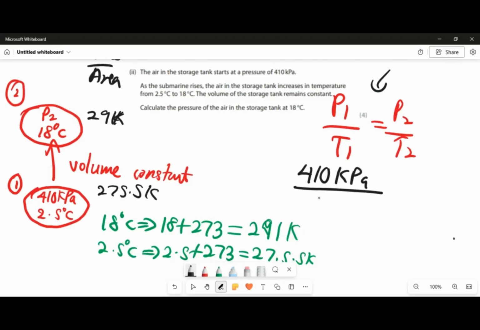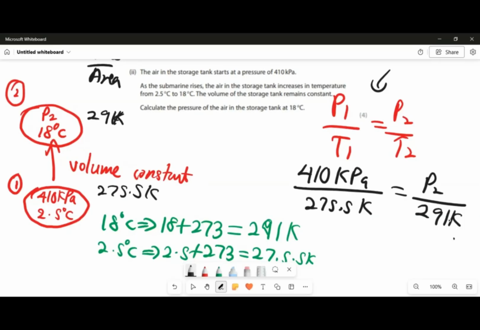In the first instance, the temperature is 275.5 Kelvin. We have to find the pressure in the second instance, and there the temperature is 291 Kelvin.